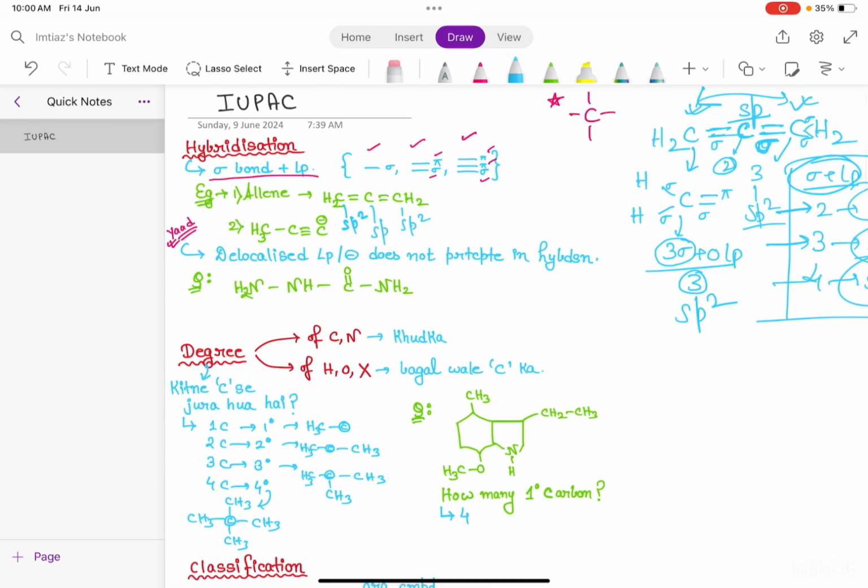I hope the first example is clear. The next example is C triple bond C minus. What is minus right now? So in organic chemistry, a minus means a lone pair. Now you will say that I have told you that carbon is having 4 valence electrons. How is it 5?